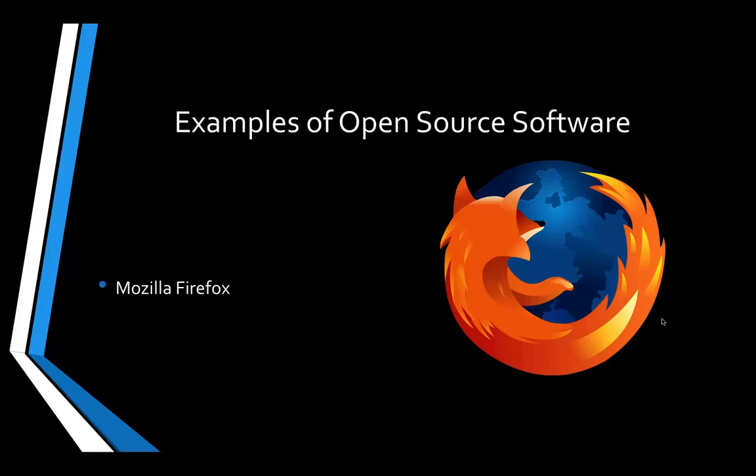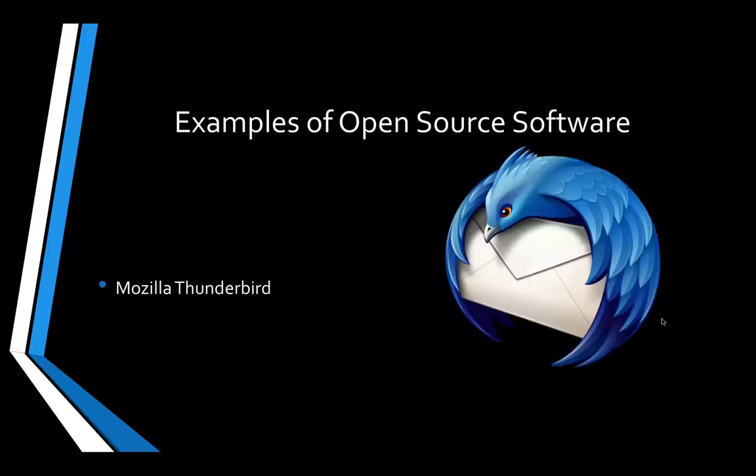It is open source software that allows you to run your machine and use all the different things that you would use your computer for. So Linux is an example of open source software in an operating system.